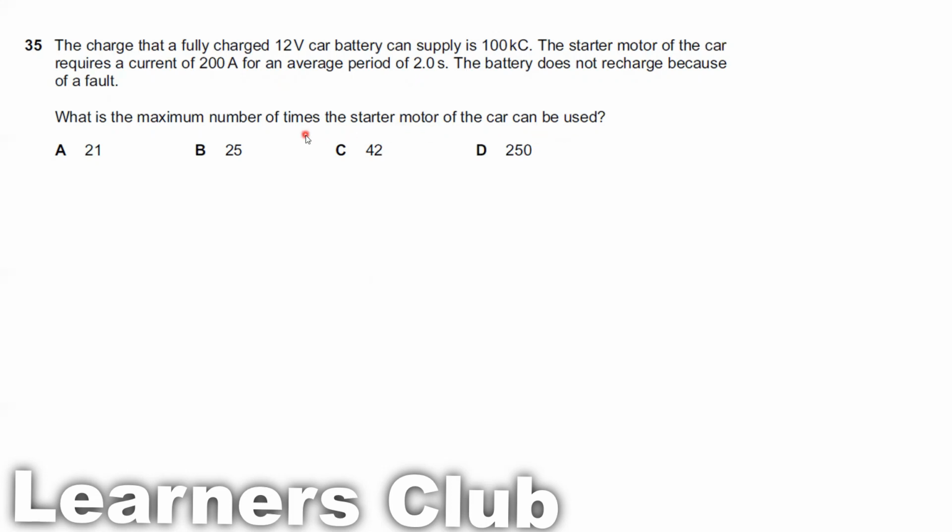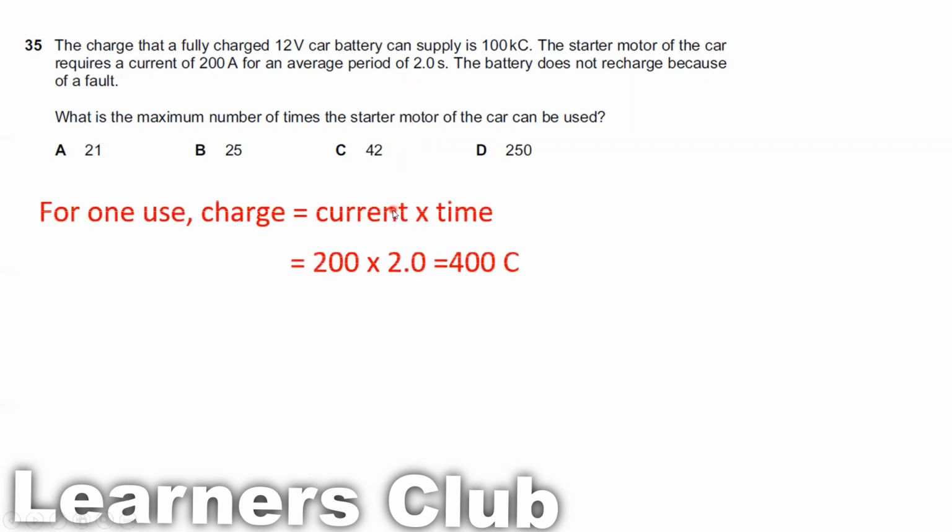To find the number of times we can use the starter motor, we need to find the amount of charge a starter motor can produce for current of 200 ampere for a period of 2 seconds. We know the charge is current into time, which gives us 400 coulomb.